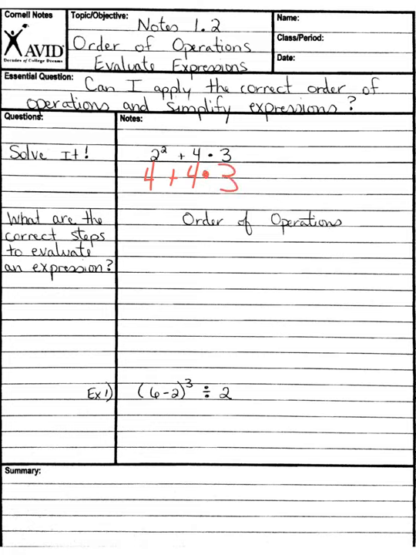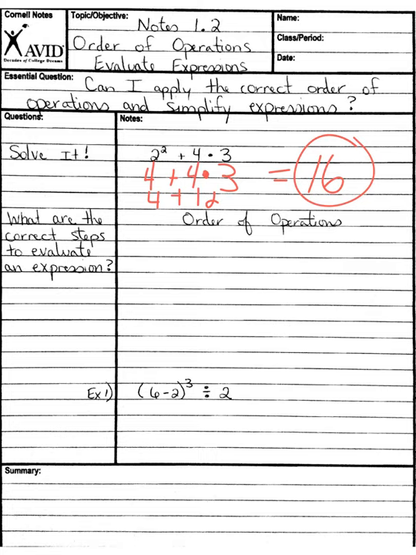Times 3. There we go. Then we have to take care of our multiplication next. 4 times 3 is 12. Bring down my 4 plus 12. And so the correct answer for this one is 16. If you got 16, you did it correctly. So 24 would have been incorrect.